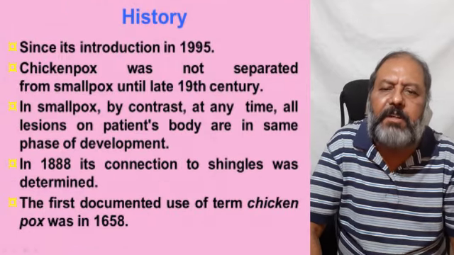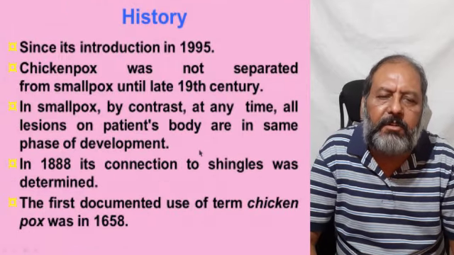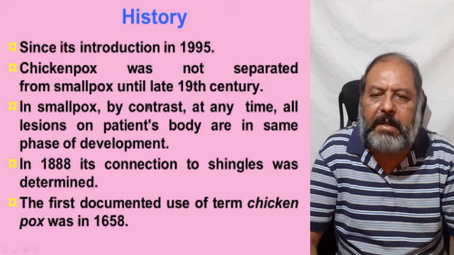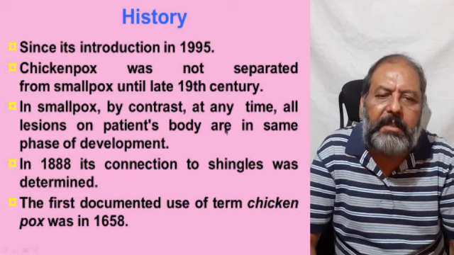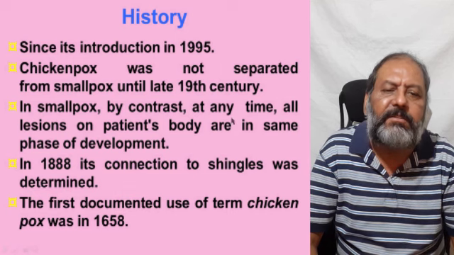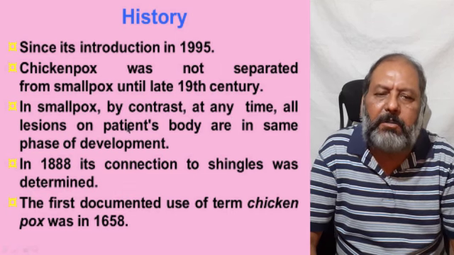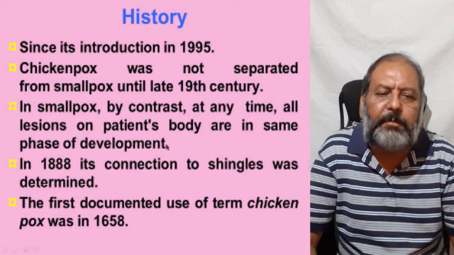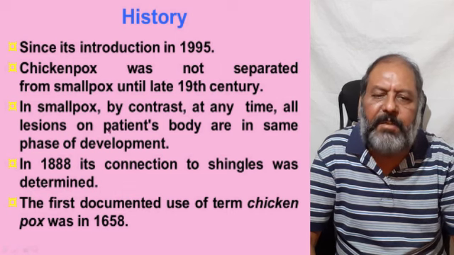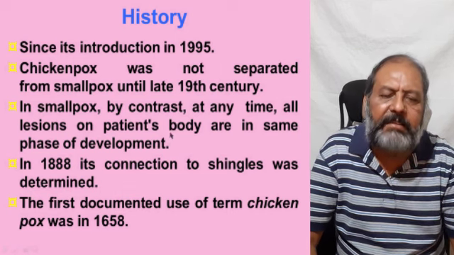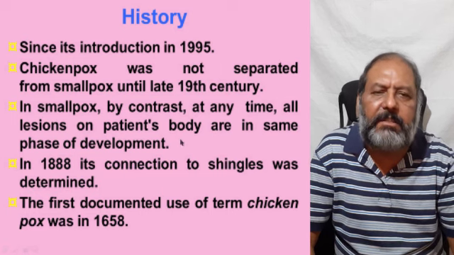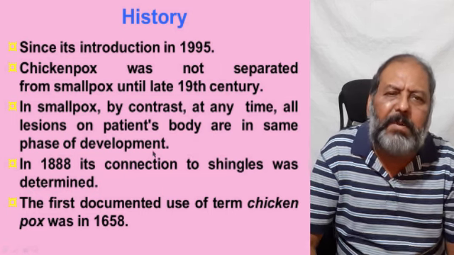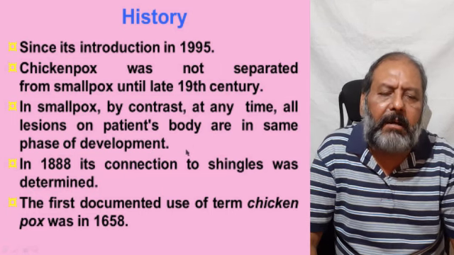Now, history of chickenpox. Chickenpox was not separated from smallpox until the late 19th century. In smallpox, by contrast, at any time all the lesions on the patient's body are in the same phase of their development, and there are ulcers, and when these heal, they leave permanent scar marks on the face.